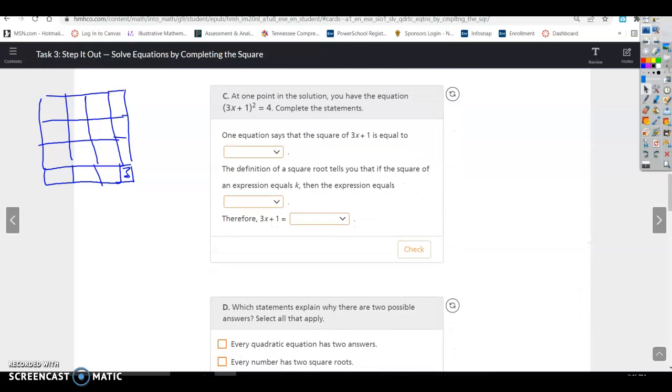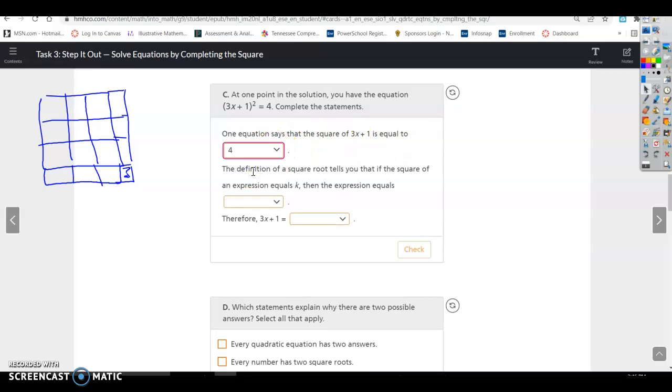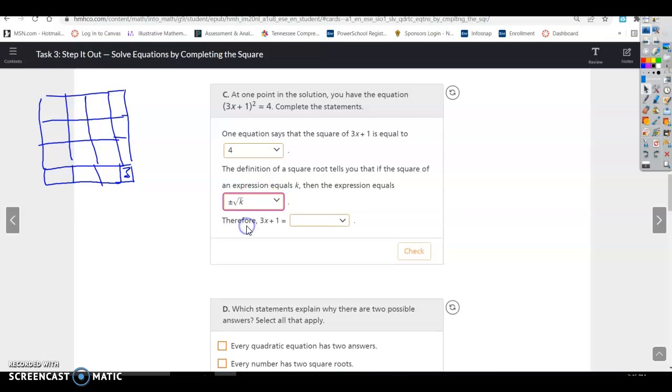All right, at one point in the solution, you have the equation 3x plus 1 quantity squared equals 4. Complete the statements. One equation says that the square of 3x plus 1 is equal to 4. The definition of a square root tells you that if a square of an expression equals k, then the expression equals plus or minus the square root of k.